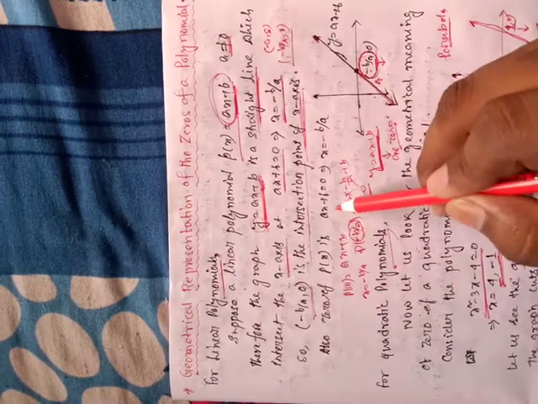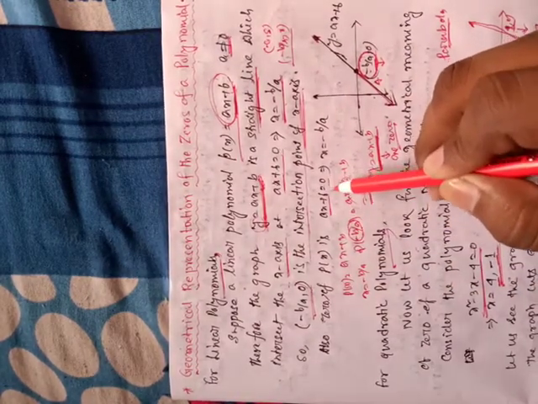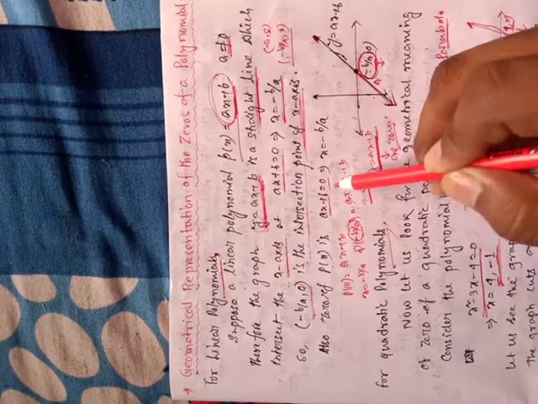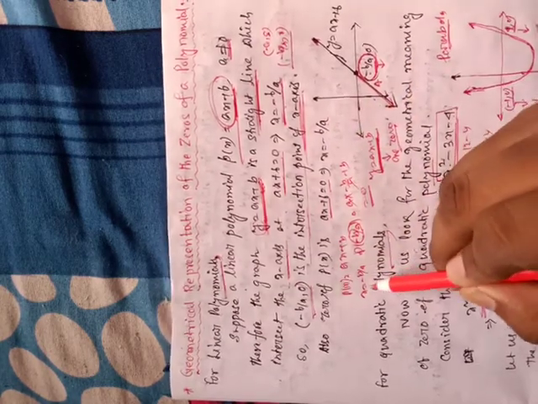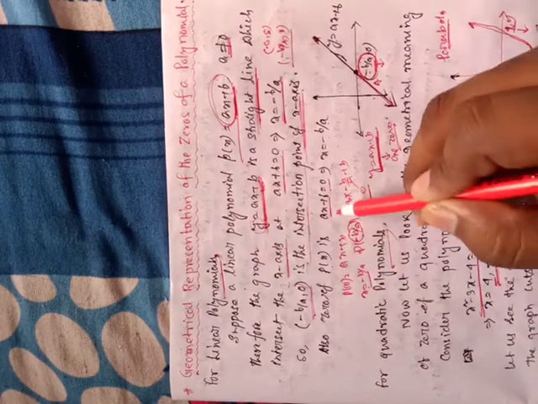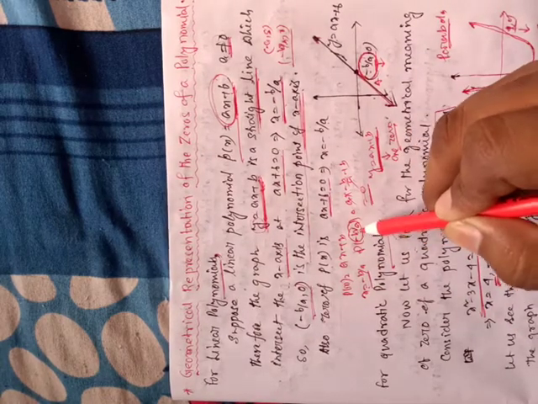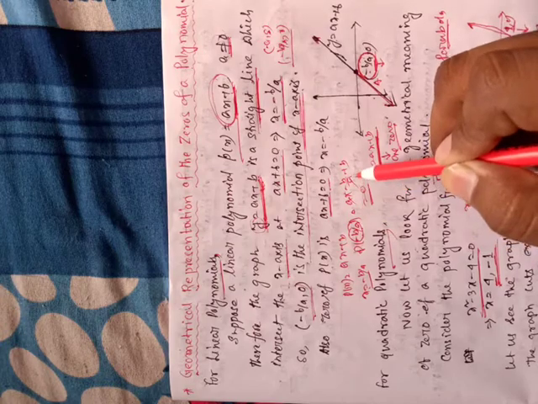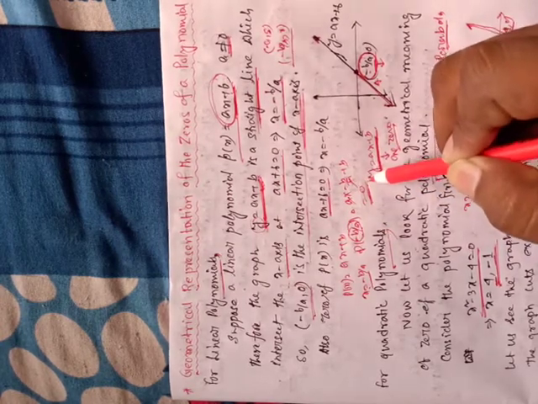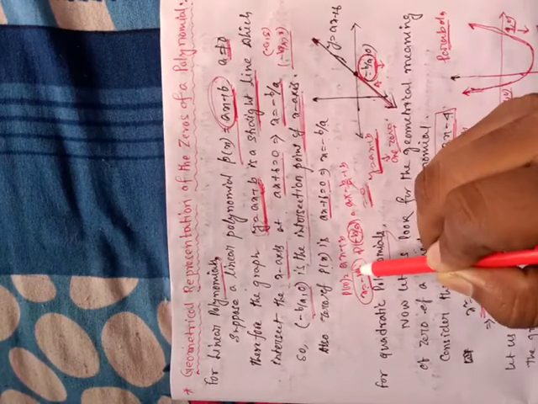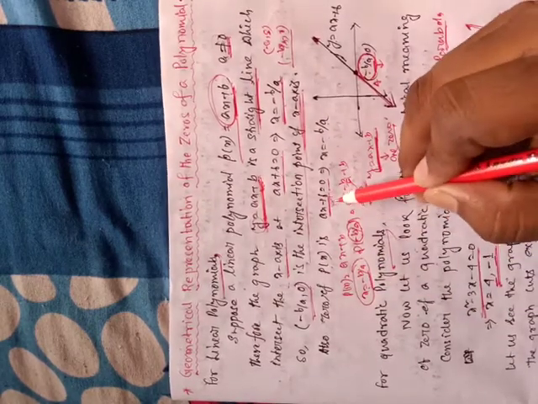Also you can say ax plus b equal to 0, this polynomial has a zero at x equals minus b by a, because if you put x equals minus b by a in ax plus b, then a into minus b by a plus b, the a cancels out, then minus b plus b is 0. So x equals minus b by a is the zero of this polynomial.